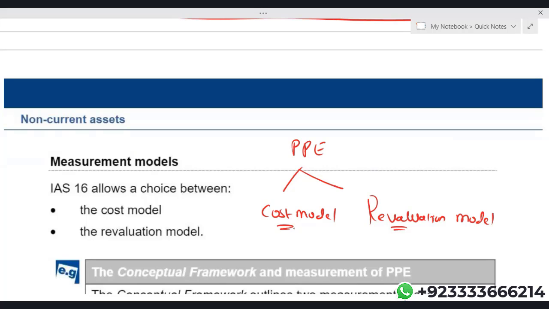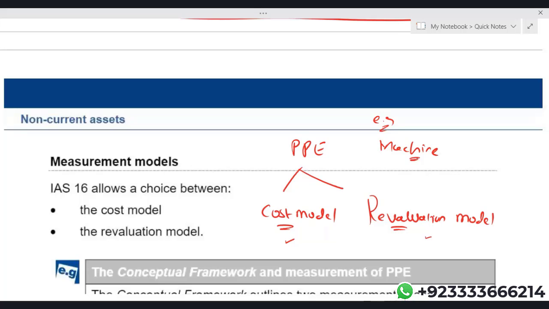Now try to understand. Obviously, IAS 16 has given us two options, cost model as well as revaluation model. But the framework says, for example, let's talk about a machine which we are using in production. Normally, the plant and machinery which you are using in production, their market value will not change so much.